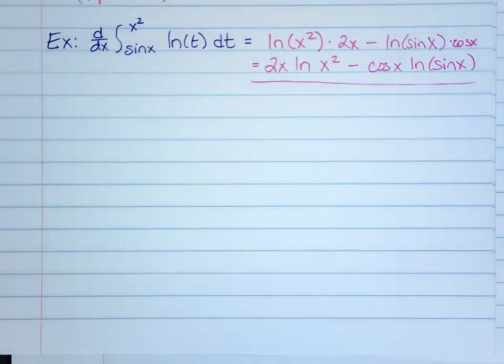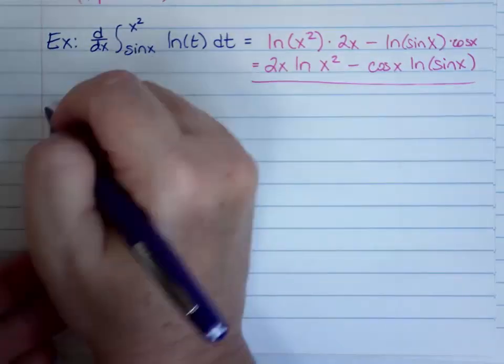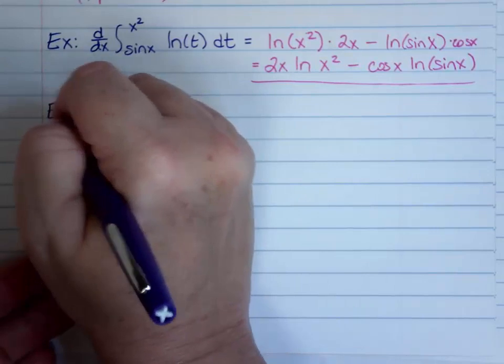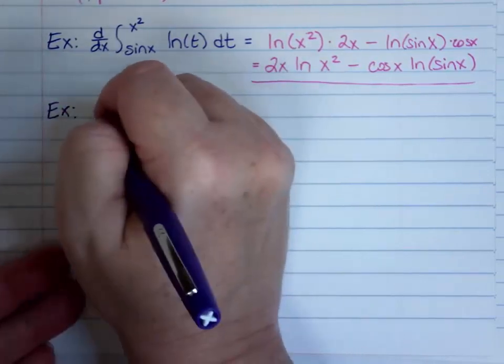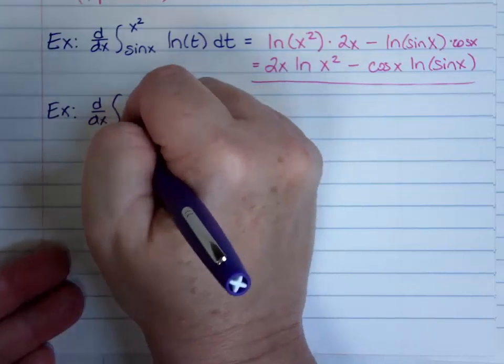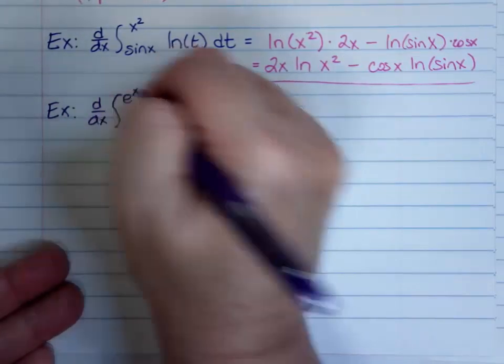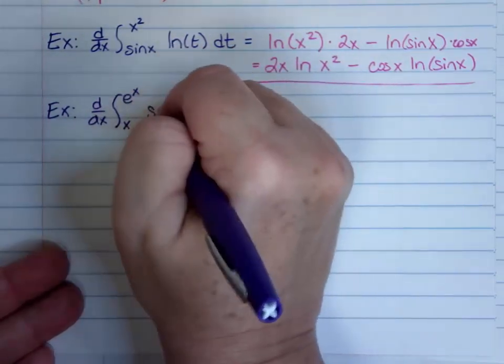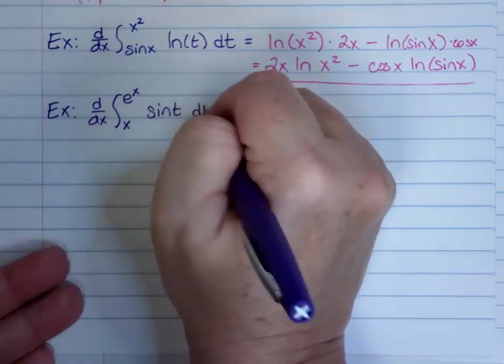So the shortcut sure makes life a whole lot easier. Now, your practice problem on the shortcut, and we will be done for the day. You try this one. d/dx of the integral from x to e to the x of sine of t dt.